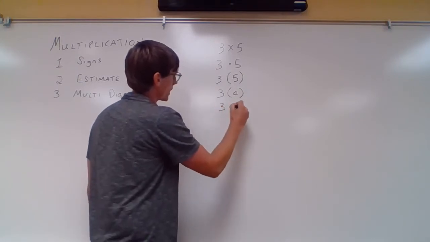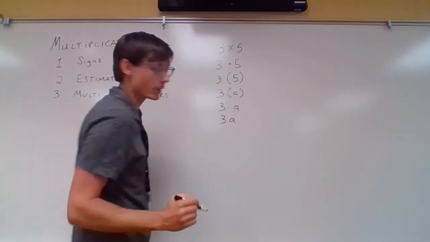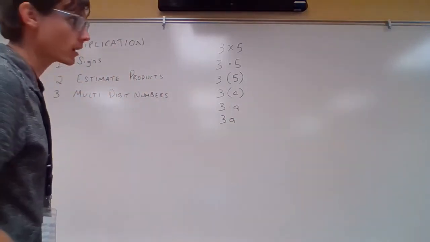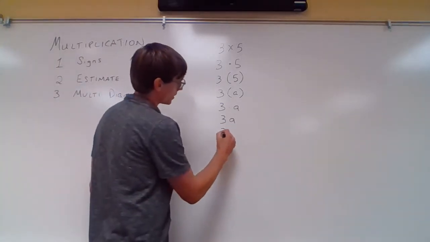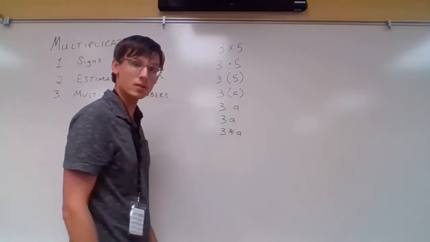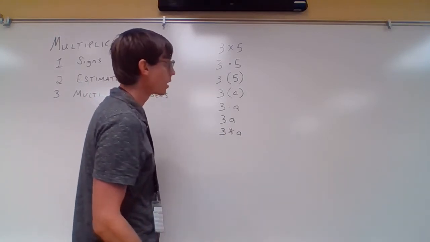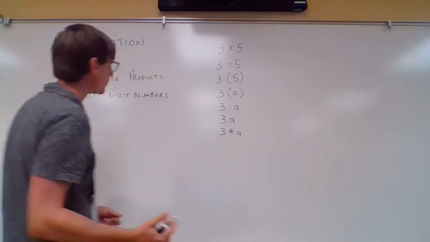You could say 3 dot a. You might say 3a. You might just eliminate that multiplication sign altogether. So those are all ways. And lastly, if you're doing it sometimes on the computer, sometimes an asterisk can be used for the multiplication symbol as well. Okay. All right, so that's just a simple look at how to represent multiplication.